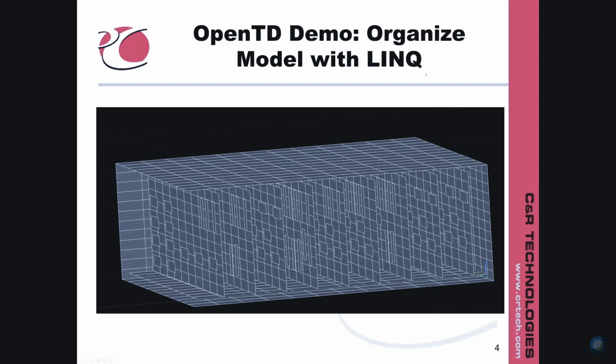And so what we're able to do is using OpenTD, we can query the AutoCAD database and say, give me a list of all of the rectangles. So it does that. And then we can use this technology called LINQ that is available in .NET to make these declarative statements about what we want to get out of that list of rectangles.